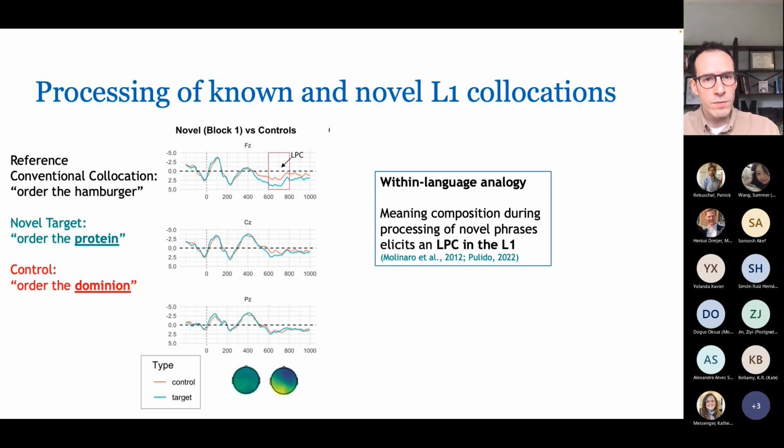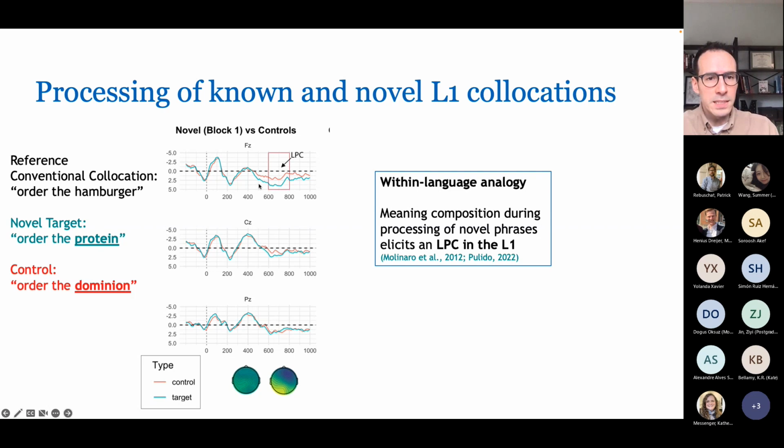So what we know from previous work, recent work in the first language, is that relative to processing a conventional collocation, processing novel collocations that are semantically interpretable has been found to elicit a late positive component, this LPC that we see in the graph here.